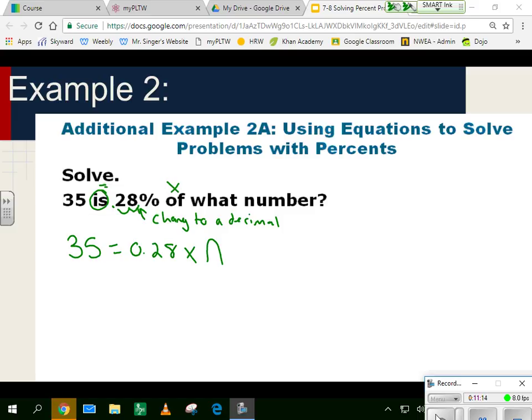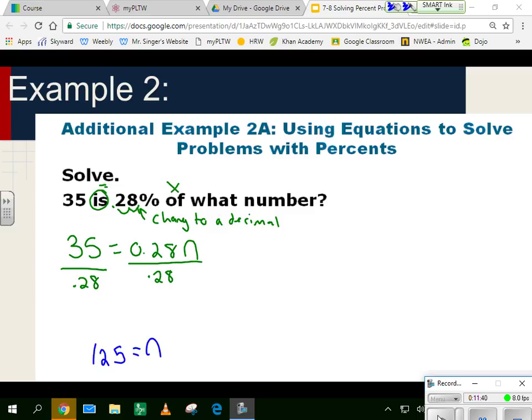Now, we've been doing problems like this the whole year, so I can actually get rid of the times and just put 0.28n. We know that to get n alone, we're going to have to divide by 0.28. And what we do to one side, we've got to do to the other. And if you do this, you're going to get the answer 125. N equals 125.